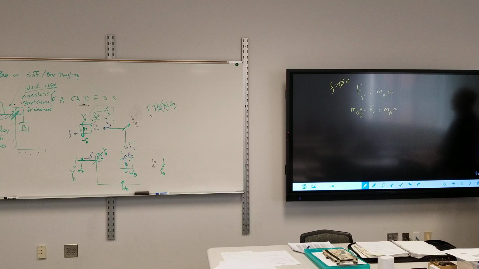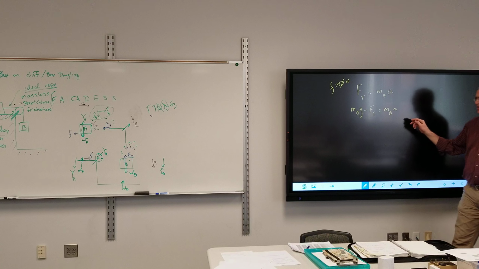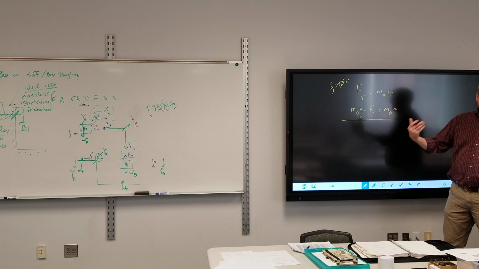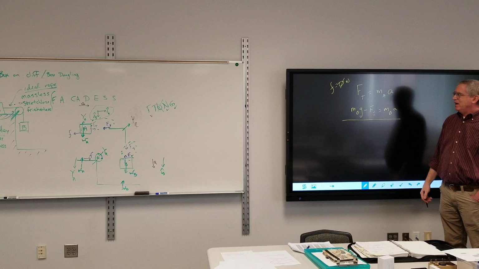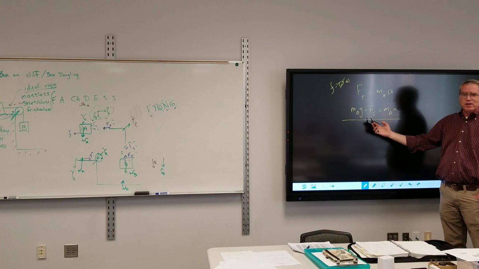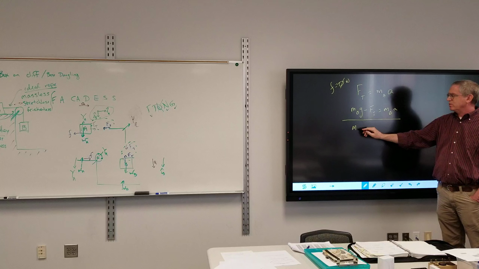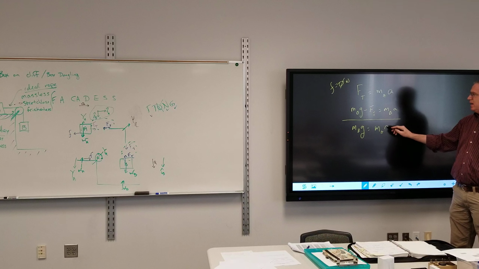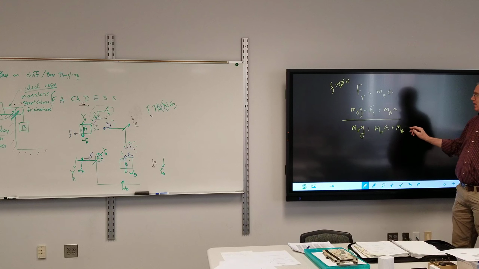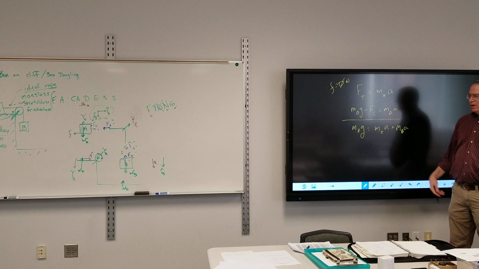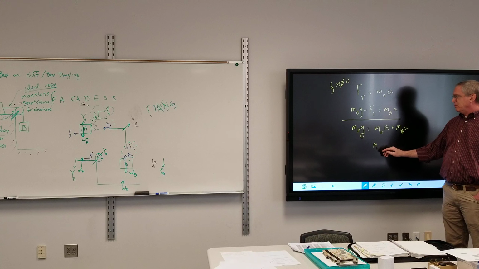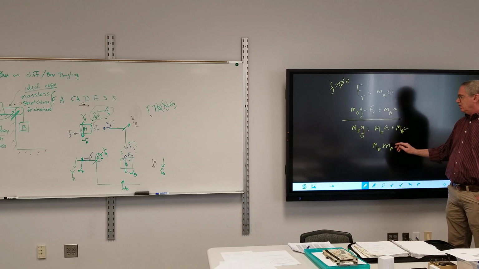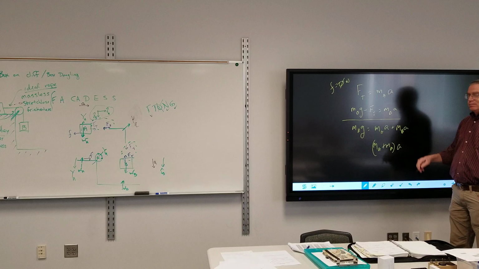If I'm solving for acceleration, I can just add the equations. I'll add the left sides, I'll add the right sides. If I add the left sides, I got a tension and a negative tension here. They cancel out, so I'm just left with m sub B g. On the right-hand side, I'm left with m sub A a plus m sub B a. I can factor acceleration out, so I get m sub A plus m sub B times a.